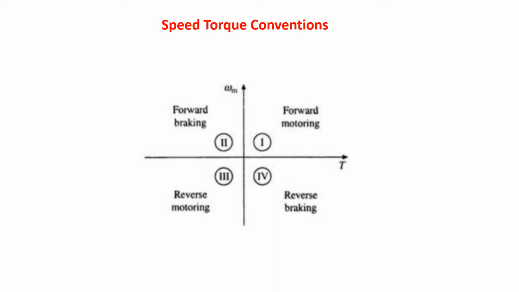In the case of mode 2, that is braking mode, the motor will act as a generator, which converts mechanical energy to electrical energy, which opposes the motion.